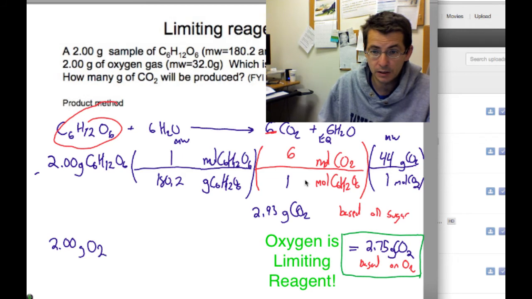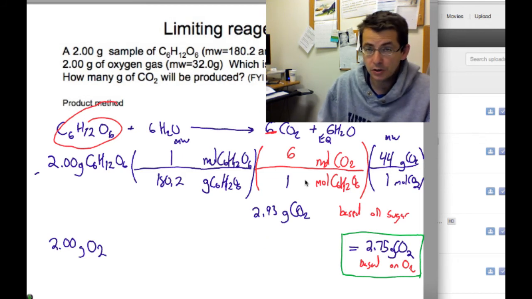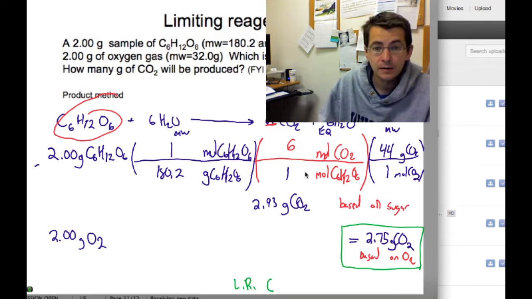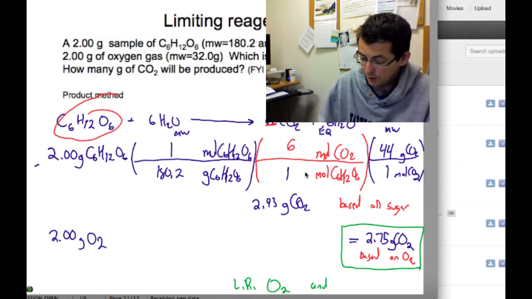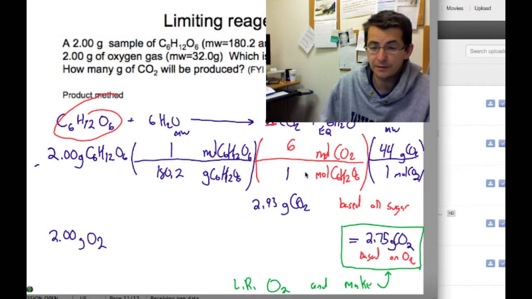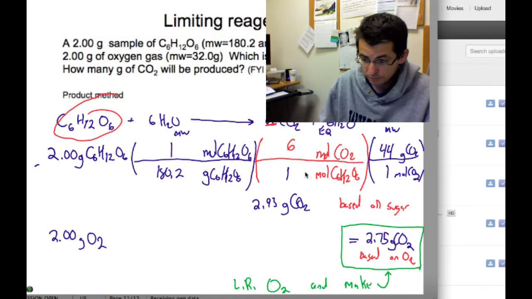Now, this also answers the problem. The limiting reagent is O2, and we can only make, at most, 2.75 grams of CO2. Very typical.